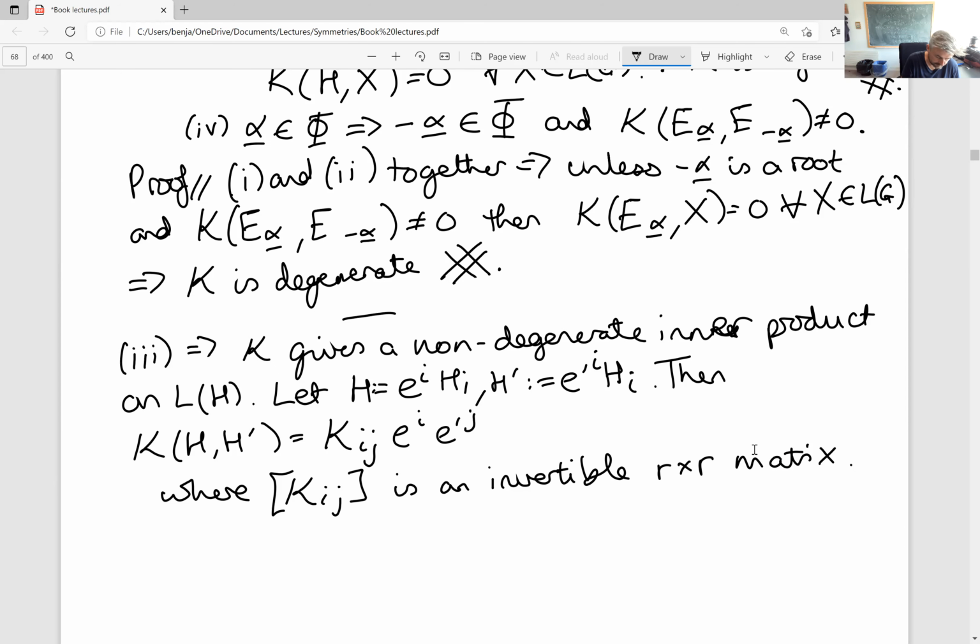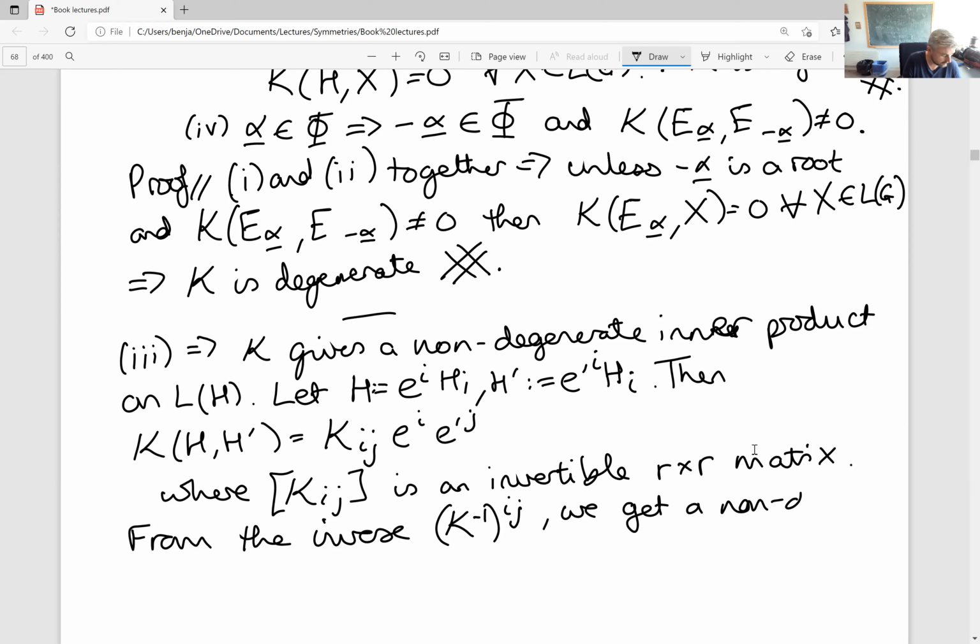We're going to call the inverse, just like kappa AB, kappa to the -1, with the indices upstairs. From the inverse we get a non-degenerate inner product on the span of the roots, in the dual space to the Cartan subalgebra.